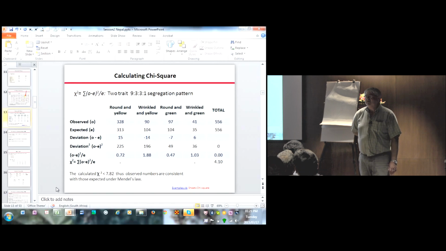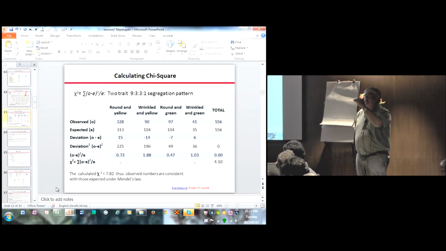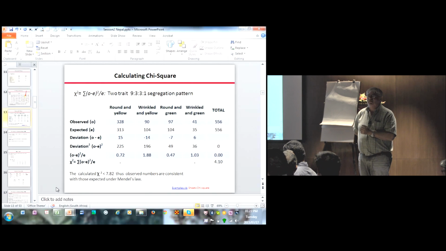Okay. So the chi-square is used then to work out whether the observed segregation patterns or whatever I'm measuring, okay, fits a model of sorts.